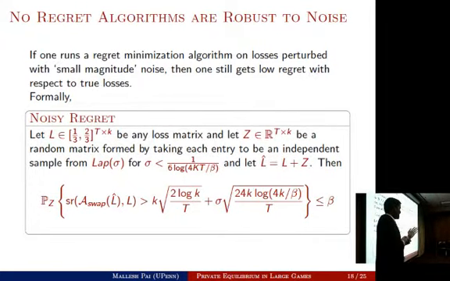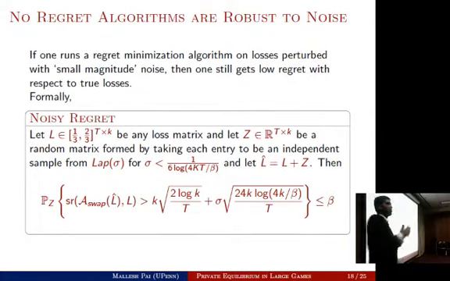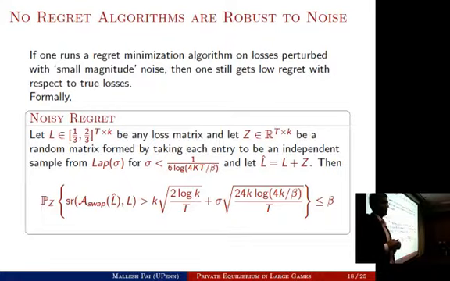So instead of showing the low regret algorithm its true losses in every period, I can show it noisy losses in every period and still be guaranteed that what it does has low regret with respect to the true losses ex post. Now this is a horse race between two things.